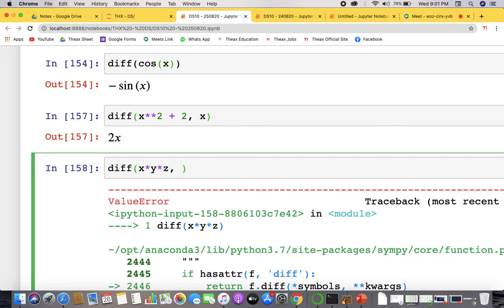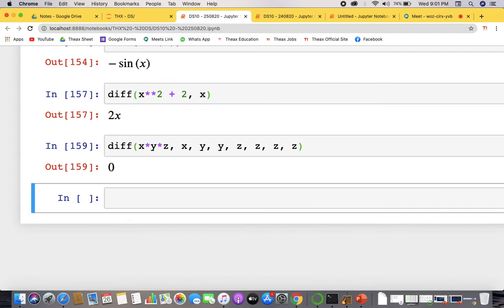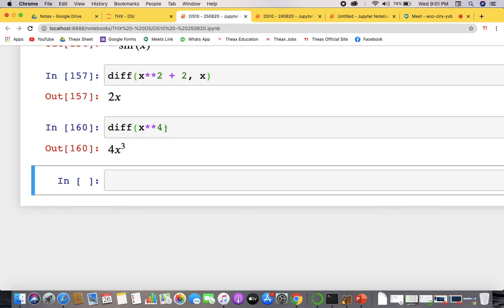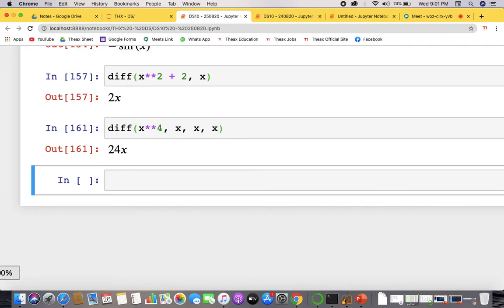So let's say we want to differentiate this x y z with respect to x y and z. That is how many times you are going to differentiate. Let's say you have an expression x to the power of 4, and we differentiate this, so we get 4x cubed. What if I say we are going to differentiate three times? We'll get 24x, right? So in that case we are going to do it with x and y, but it's not working. Alright, fine, no issues, right?